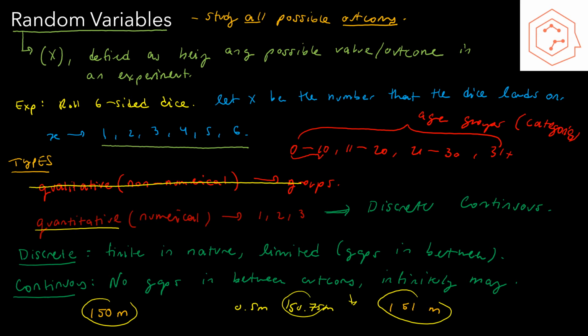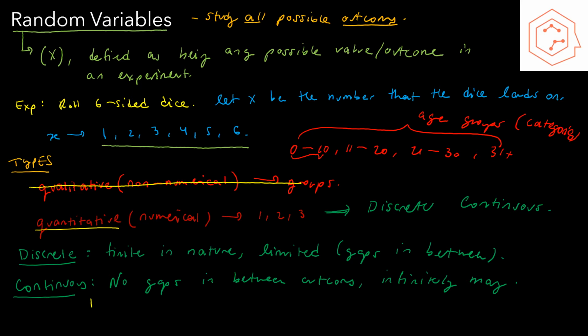So in most cases, if your value can have decimals, it's going to be continuous. If there's infinitely many values and you don't have gaps in between them, it's very important that you don't have gaps in between values. If I can always find a possible value between any two adjacent values, then my variable is continuous. So some examples of continuous variables would be time.